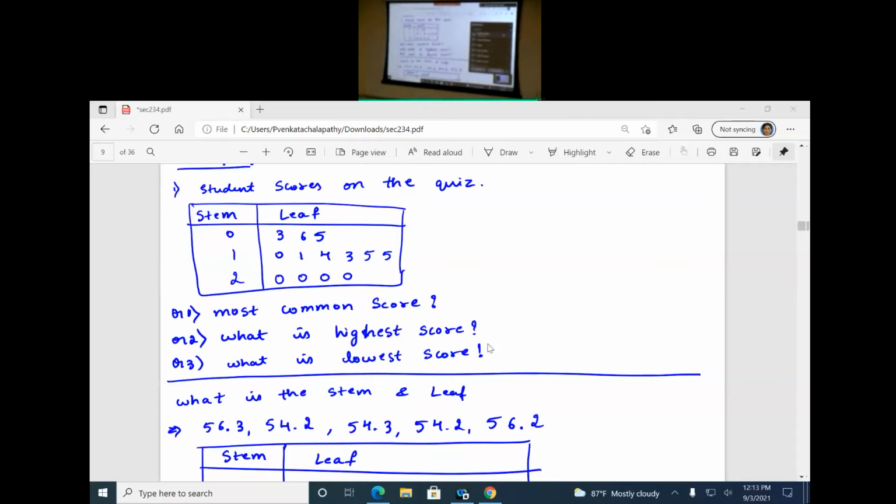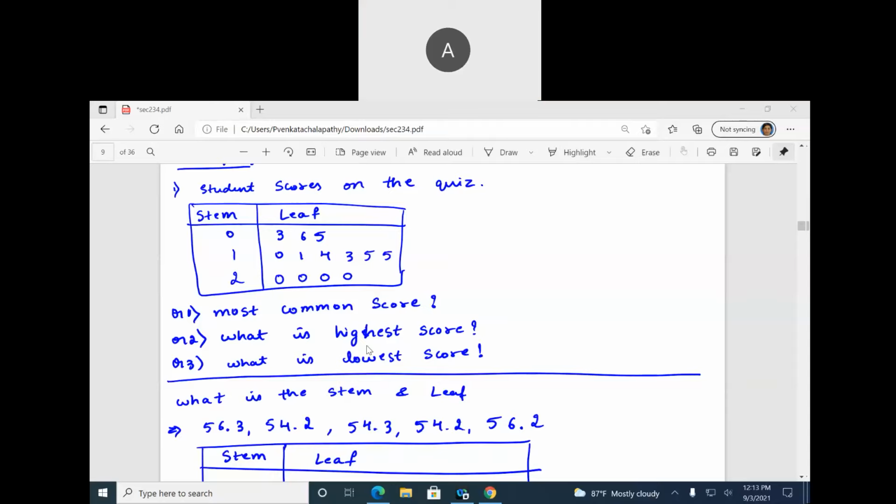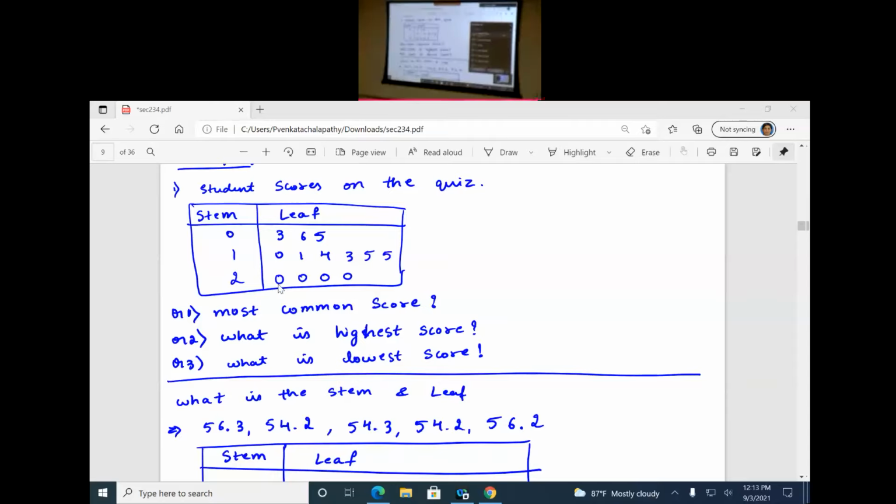Now, Alia, answer this question. What is the highest score? You have to unmute. I'm sorry, can you repeat that? What is the highest score in this table? The highest score is 20. Good. And Ashley, what is the lowest score?